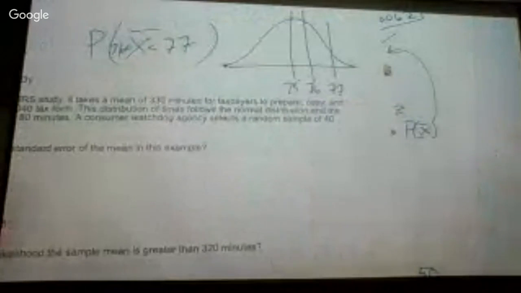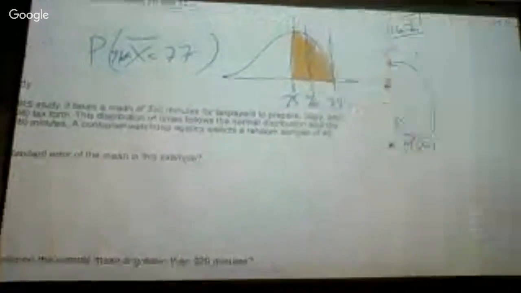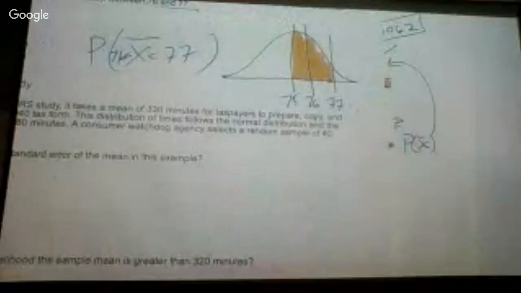And for 33, between 76 and 77, that's the harder one, because 76 and 77 are both on the same side of the mean, which is 75. So the first thing we do is find everything that's in orange.